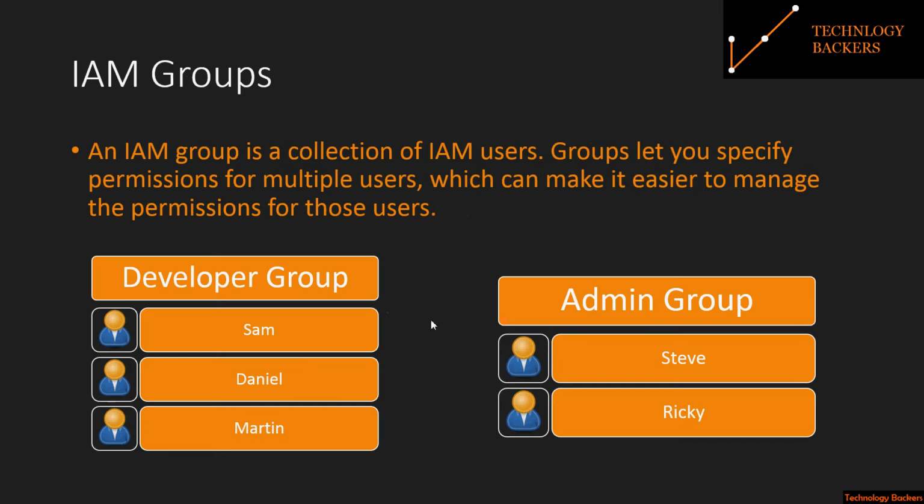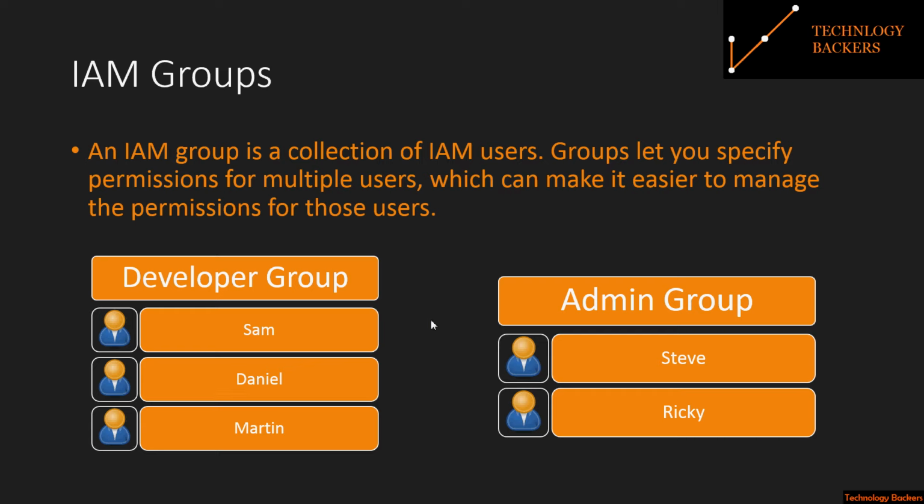IAM groups. An IAM group is a collection of IAM users. Groups let you specify permissions for multiple users, which can make it easier to manage the permissions for those users. So let's say in your product you have two groups: one is the developer group, one is the admin group. In the developer group, Sam, Daniel, and Martin are there.